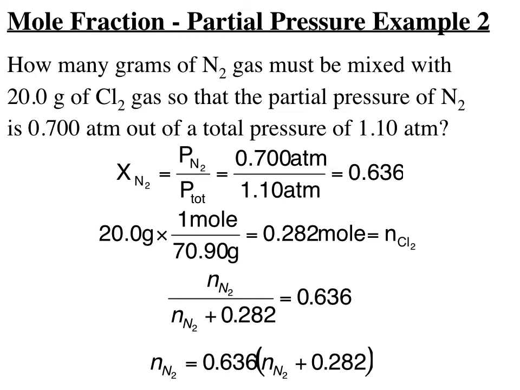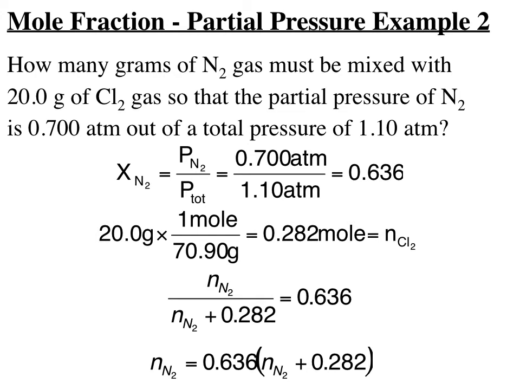Okay, so I can find the mole fraction of N2 because I know the partial pressure of N2 and I know the total pressure of the N2 and Cl2 mixture. So when I divide the P total into the P N2, I find that the mole fraction of N2 must be 0.636 in order to make the partial pressure of N2 0.700.